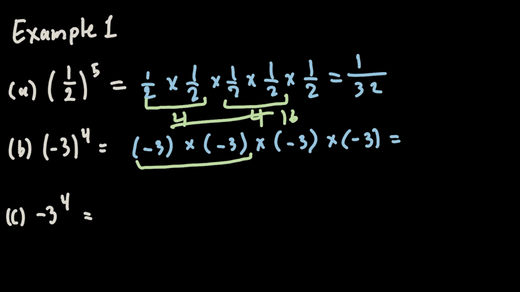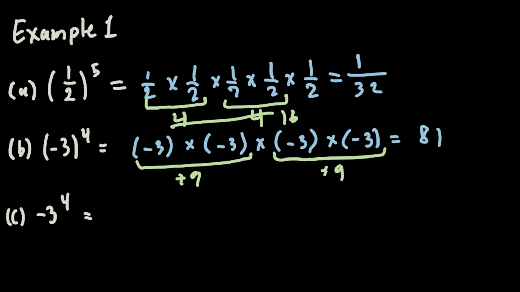When we are multiplying two minuses, we'll get a plus. So here we'll get plus 9. And here the same thing. Minus 3 multiplied by minus 3 is nothing but plus 9. So 9 multiplied by 9 is 81.